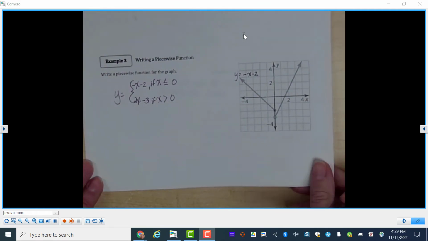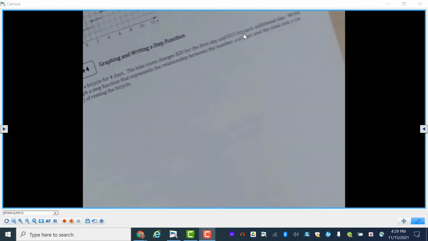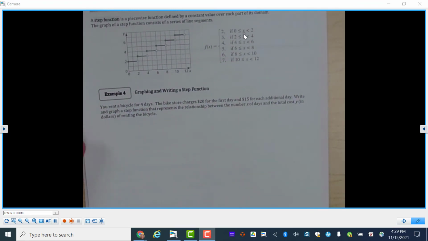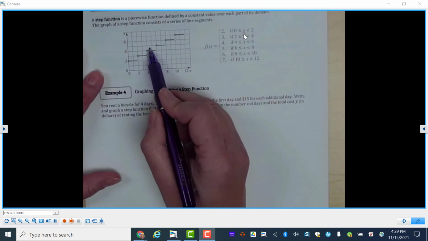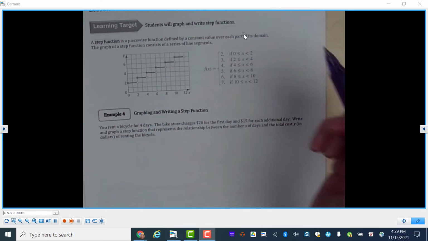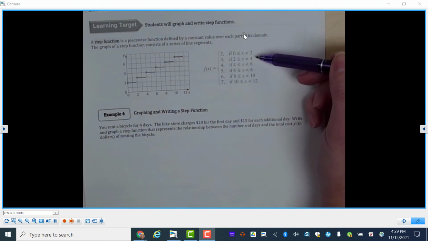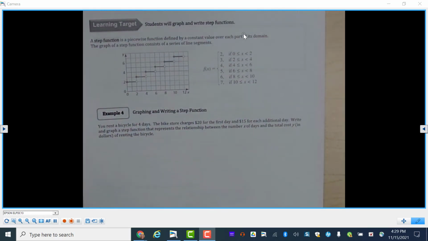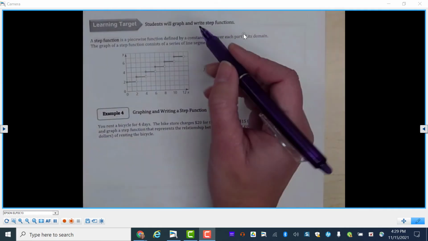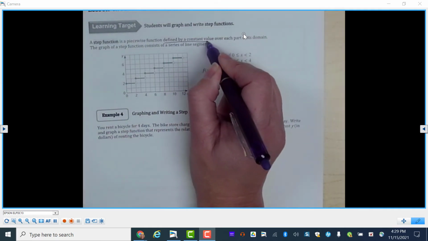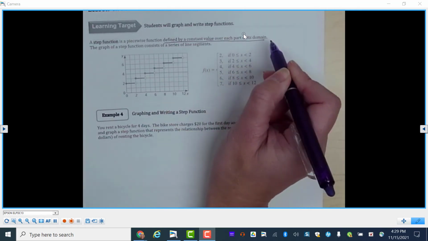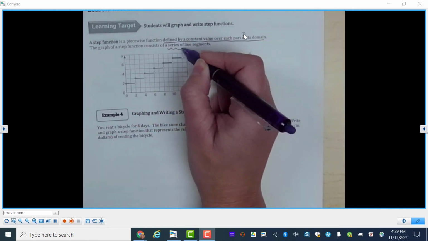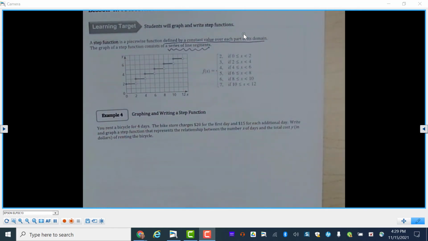Now, we have also different types of piecewise functions. This one is called a step function because it looks like there's steps. It's amazing how all that works. If you notice, there's a whole bunch of different parameters here. A step function is just defined by a constant value over each part of the domain and contains a series of line segments.